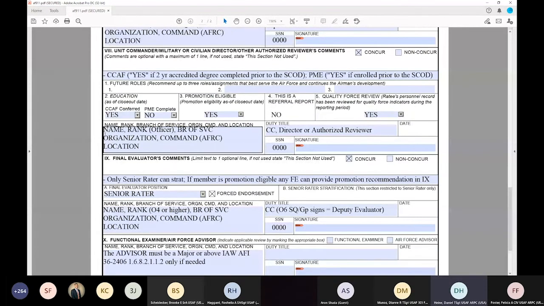In the signature block section, the name, rank, branch of service, the normal signature block, and then the duty title. So this should be a unit commander, a military or civilian director, or an other authorized reviewer. So if this duty title, for example, is pilot instead of commander, then we're going to be questioning why that member is signing in the unit commander section.